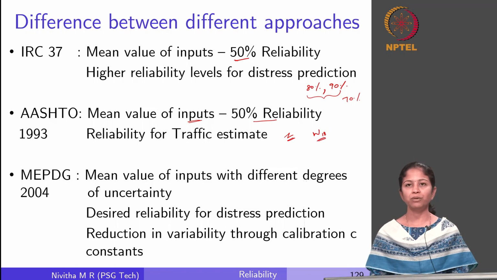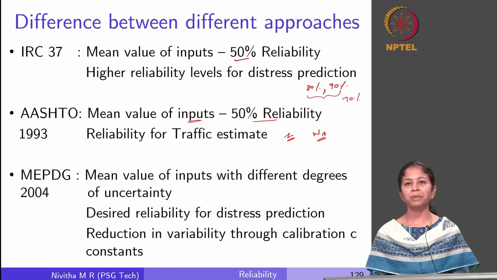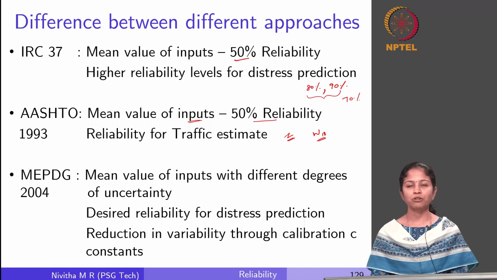So this is with AASHTO 93. Again, a similar kind of setup as we have for IRC 37, except that we have flexibility in choosing the reliability level. Next comes MEPDG 2004. In this design procedure also we saw that we are not again using any distribution.